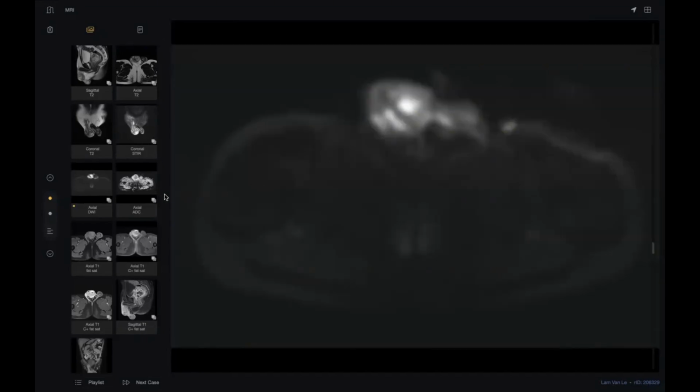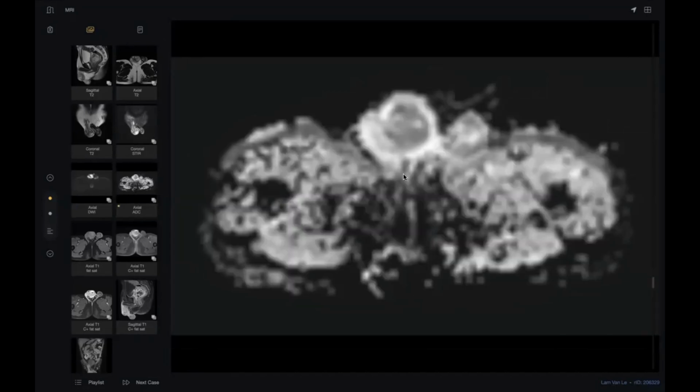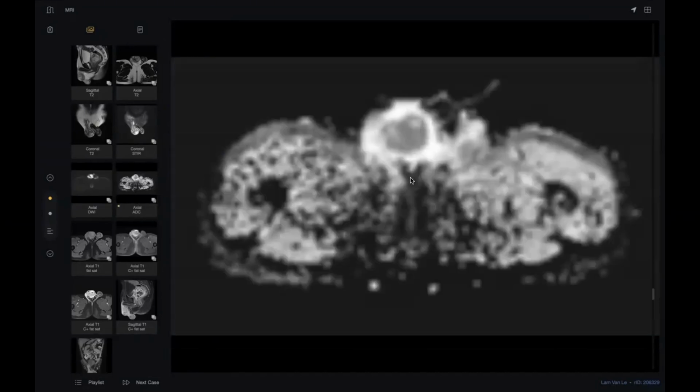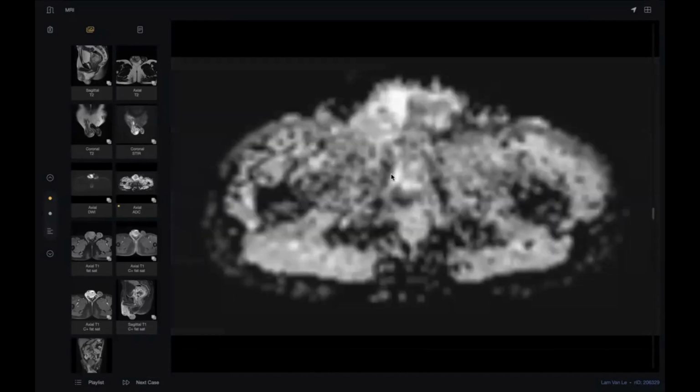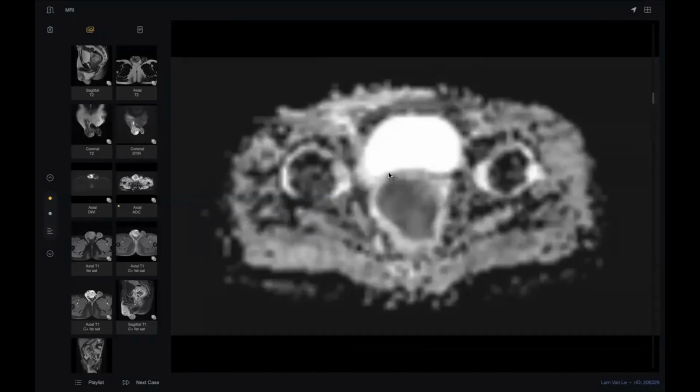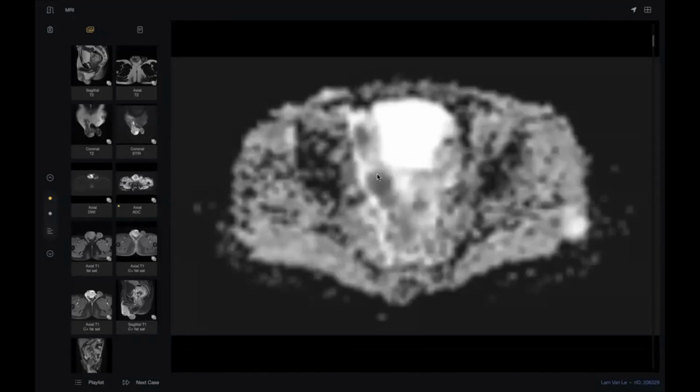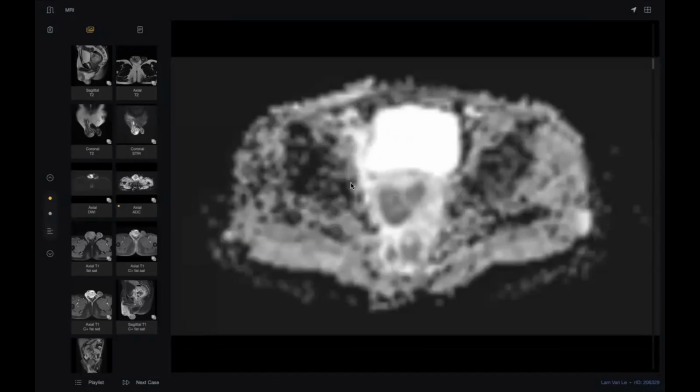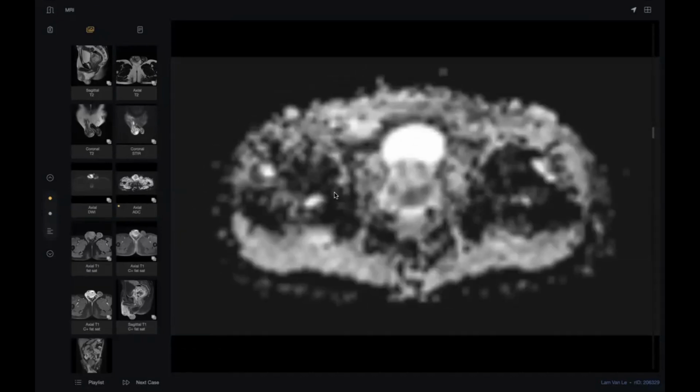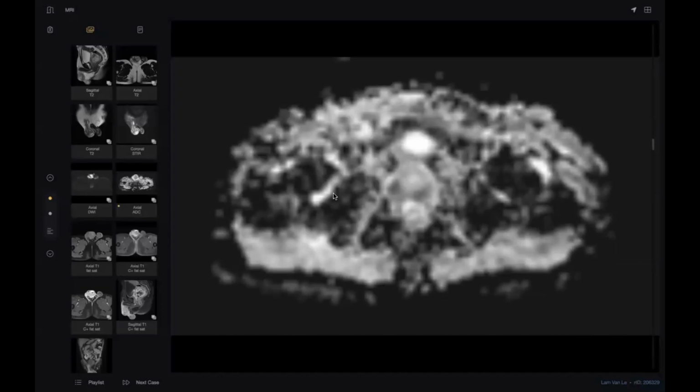I want to check the ADC of the same region. On ADC, these structures appear low intensity, so it confirms the presence of diffusion restriction. This is an aggressive looking lesion with restriction and enlarged lymph nodes.